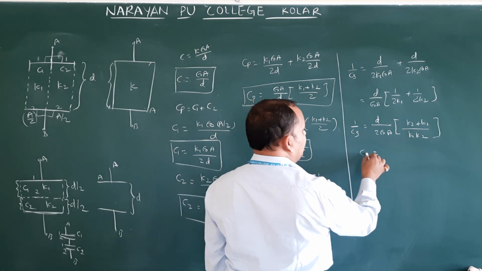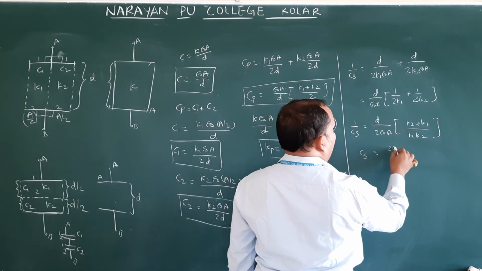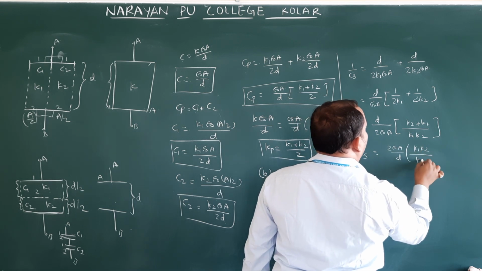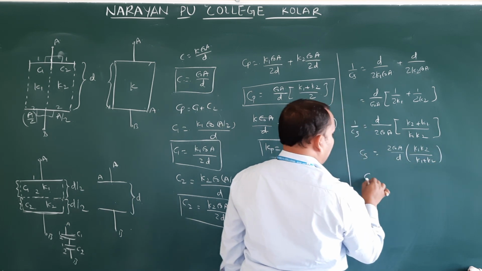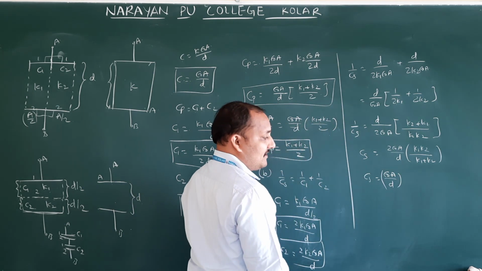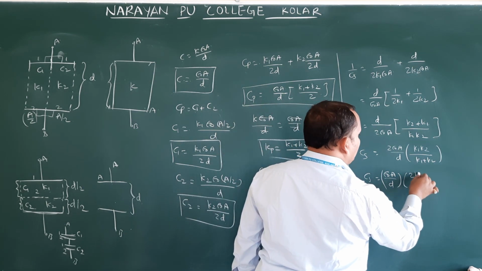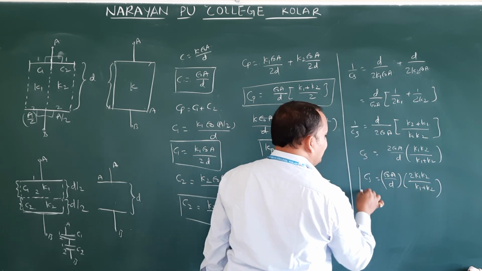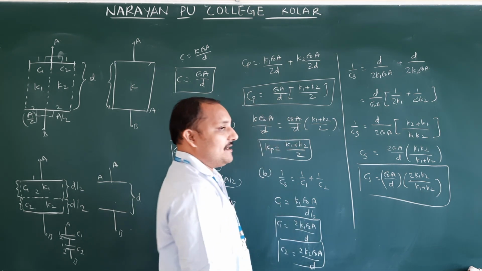Then CS is the reverse: 2 epsilon naught A by D into K1 K2 by K1 plus K2. How they will write: always epsilon naught A by D gives the initial capacitance, and then 2K1 K2 by K1 plus K2. So this is the resultant capacity formula.